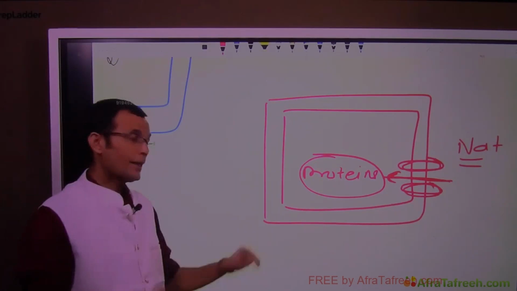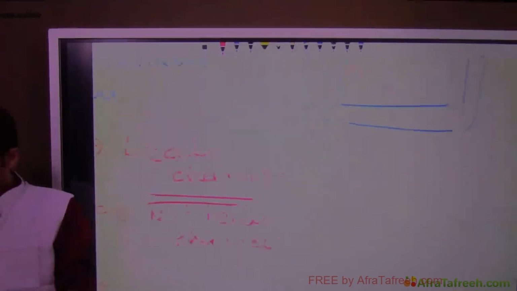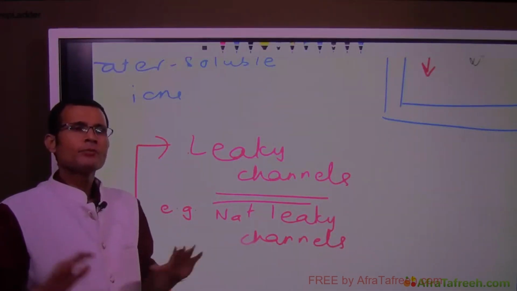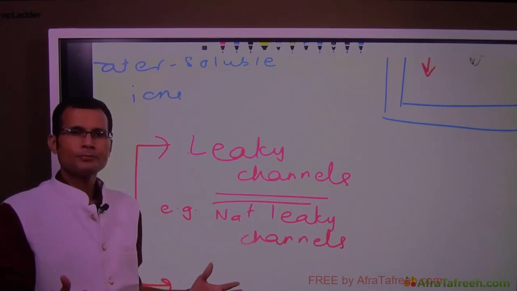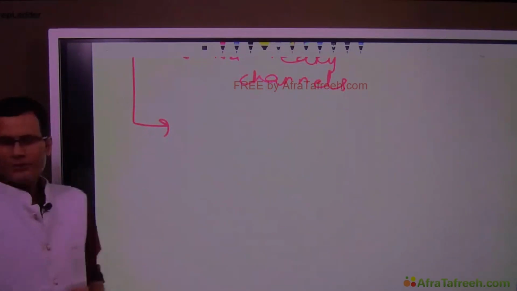Okay. Well, it does not stay there. What happens to this sodium, we will see that later. But this has to be kept in mind, that sodium is continuously leaking into all the cells of the body through the leaky channels.